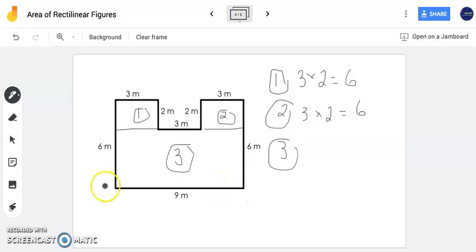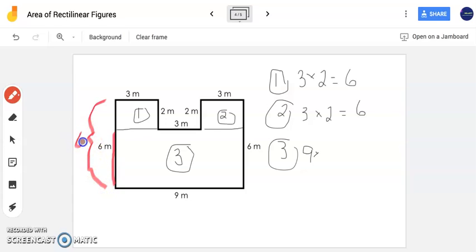I see that my length is 9, but now my width. I'm noticing that my width here is 6, but the thing is I only want a width from here to here. But 6 meters happens to be this entire length.